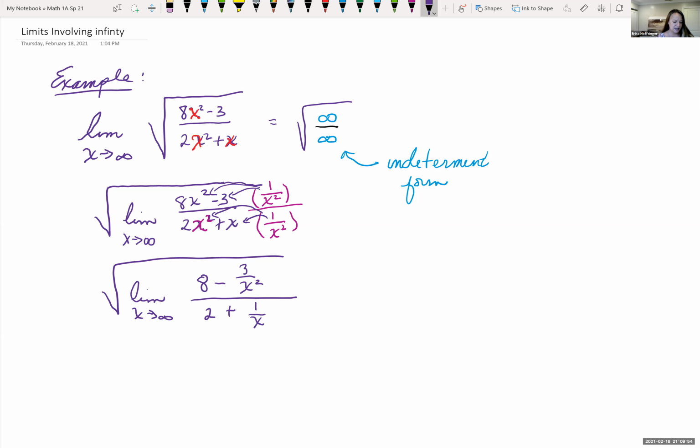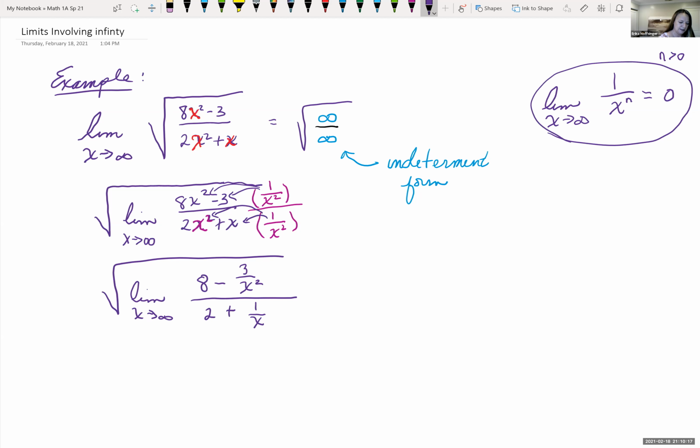So now when we take this limit, we're going to use the fact that if we take the limit as x goes to infinity of 1 over x raised to some power n, where n is a positive integer, then this whole value goes to 0. The limit as x goes to infinity of a constant, recall, is just the constant itself.